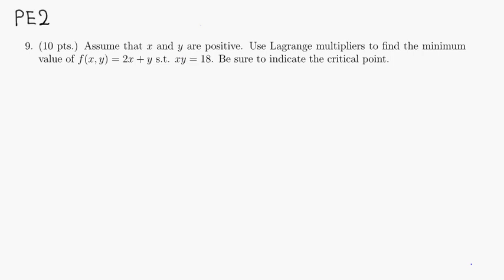First, I'm going to rewrite this by subtracting 18, so that we have xy minus 18 equals 0. This is our g of x comma y.